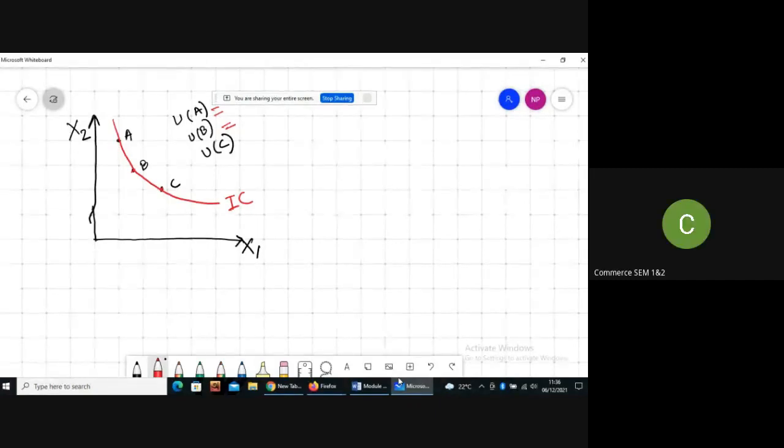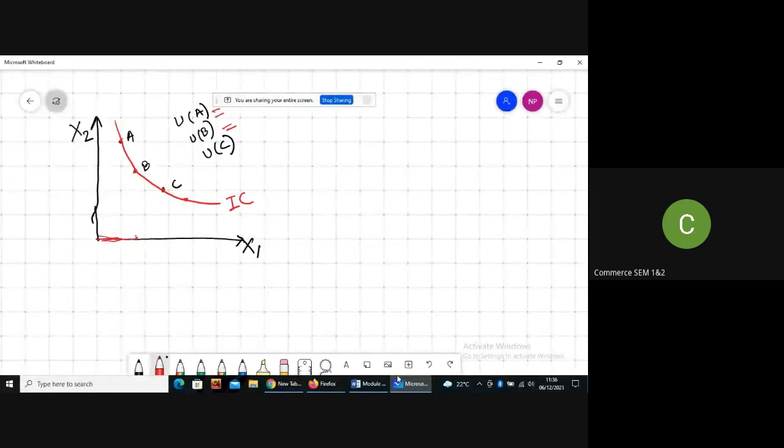Basically, an indifference curve is giving you different possible consumption bundles. That means point A means this much amount of X1 and this much amount of X2. Similarly, point B means this much amount of X1 and this much amount of X2.